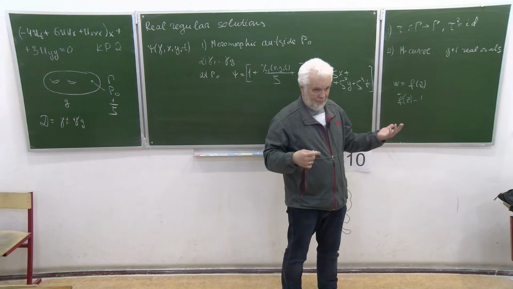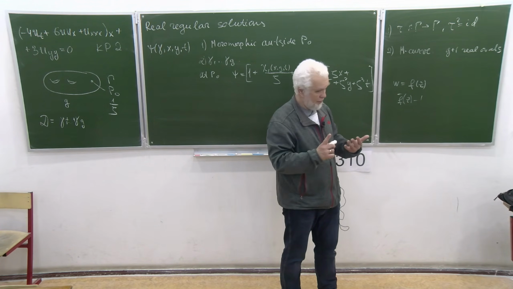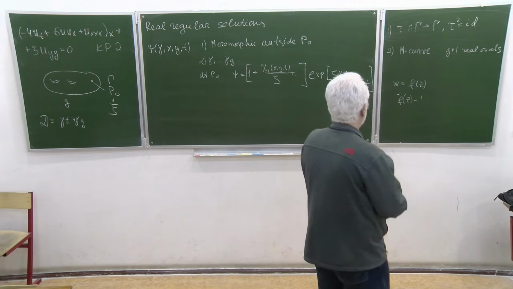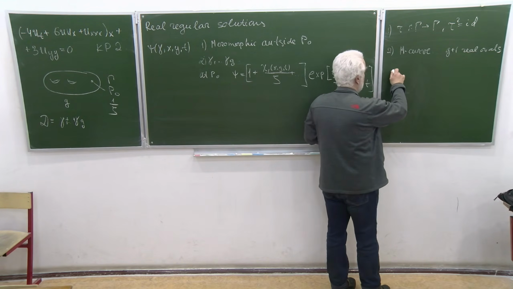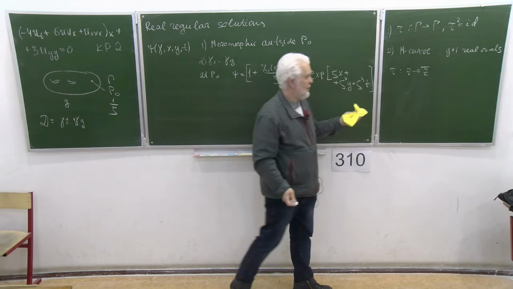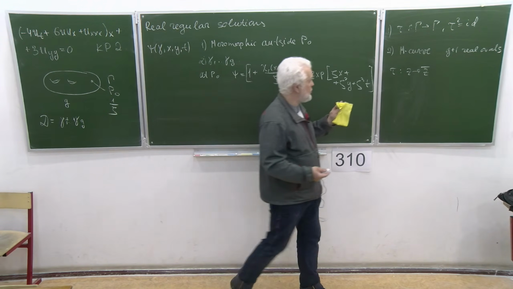So just conjugation, locally, of course. It resembles the standard conjugation tau on the complex plane, with some generalization.